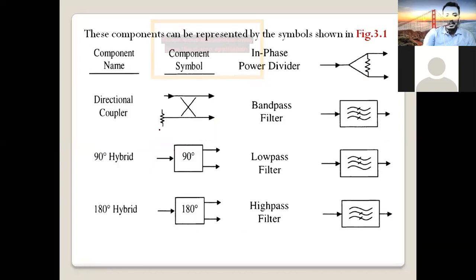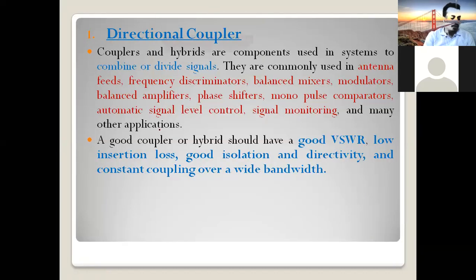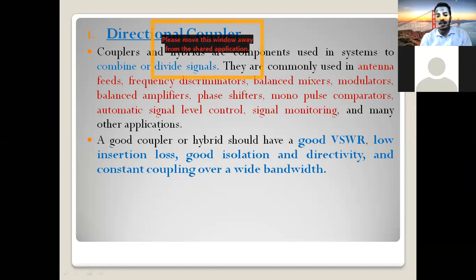Okay, so let's start to see our components. The first component we are going to discuss in this chapter is called the directional coupler. Couplers and hybrids, related devices.